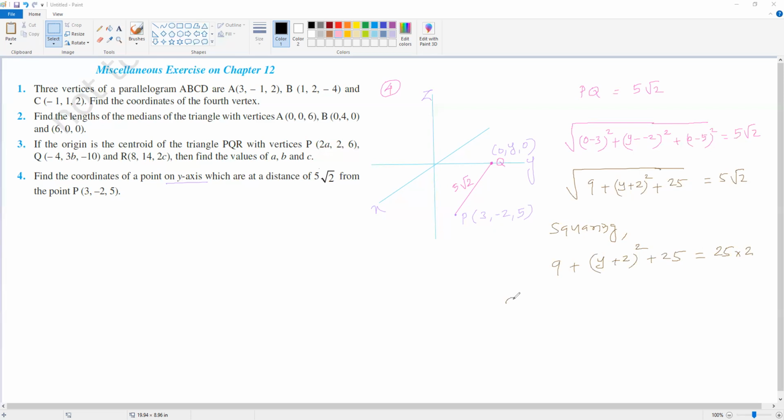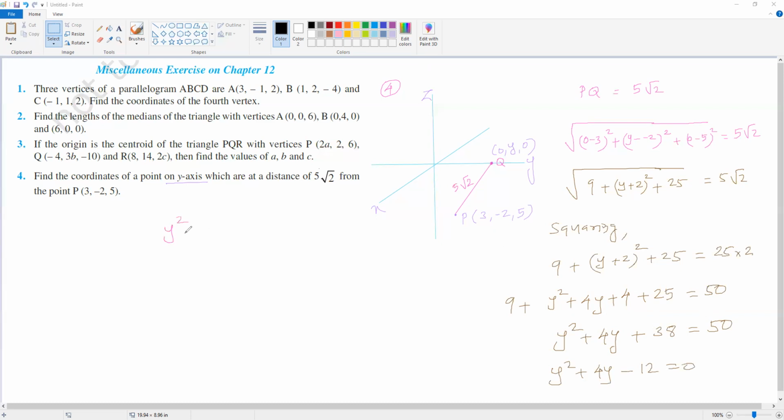So this is 9 plus, expand it, y square plus 4y plus 4, plus 25 is equal to 50. So that is y square plus 4y plus 25 plus 4 is 29, 29 plus 9 is 38, which is equal to 50. So y square plus 4y, 38 minus 50 that is minus 12, is equal to 0.